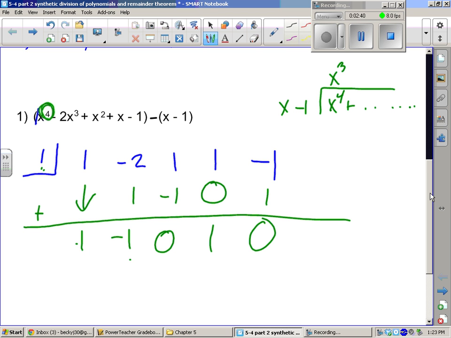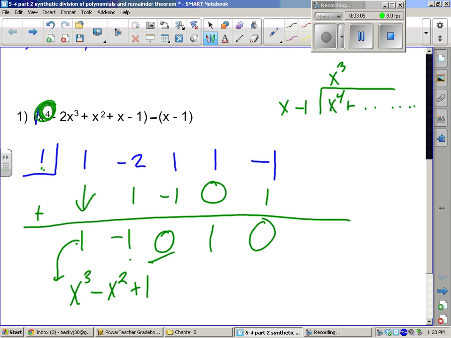But what we do with all these green numbers down here is we put our x's with it. Because we started with x to the 4th, we're going to go 1 less. So this becomes x cubed. Now, this is like the coefficient, a 1, so that's why we don't have to write it. And then we have minus 1x squared plus nothing x, and then plus a regular 1.